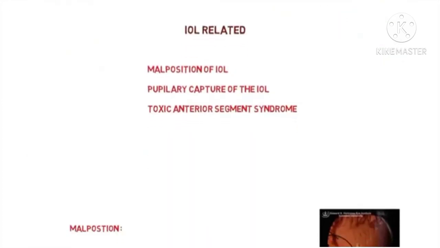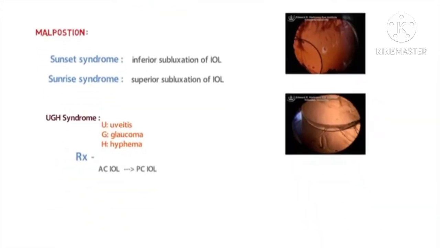After that, we discussed IOL related complications: malpositioning of the intraocular lens, pupillary capture of the intraocular lens, and toxic anterior segment syndrome. In malposition, there are sunset syndrome and sunrise syndrome, and remember UGH syndrome: U for uveitis, G for glaucoma, and H for hyphema. The treatment is replacement of the anterior chamber IOL by a posterior chamber IOL. So this is all about the complications of cataract surgery.